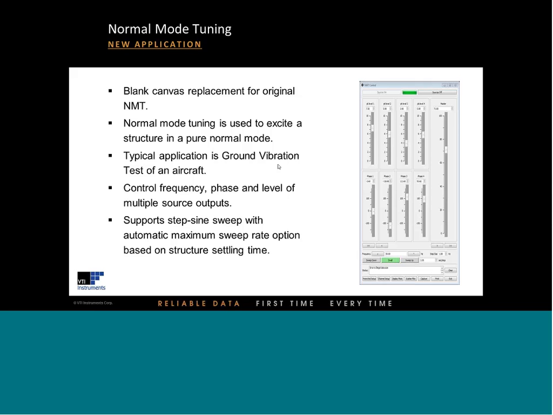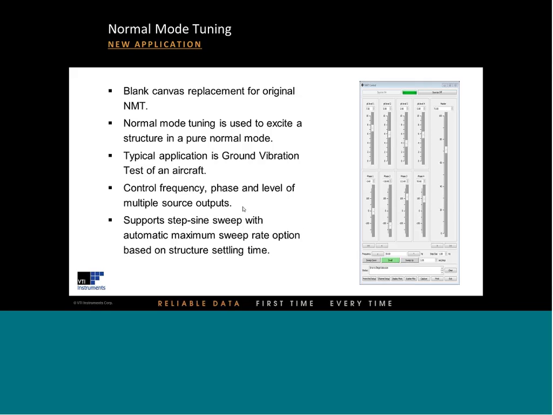So obviously it can control the frequency, phase, and level of multiple source outputs, and can perform a stepped sweep with an automatic sweep rate option based on structure settling time.